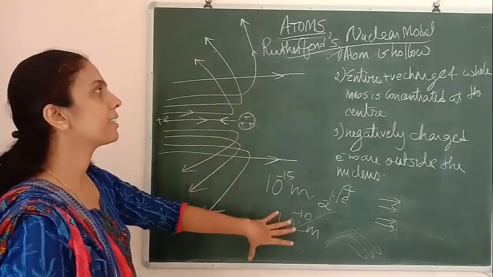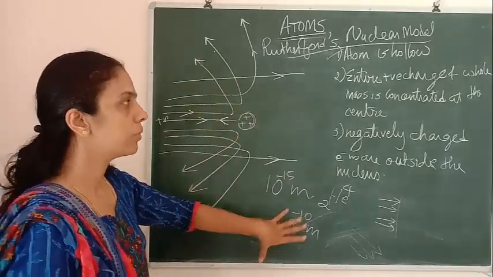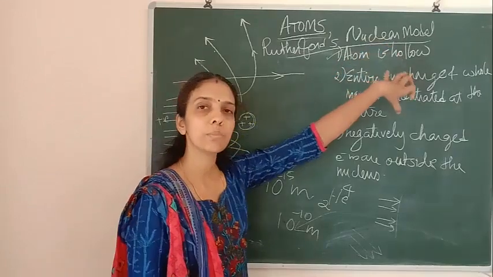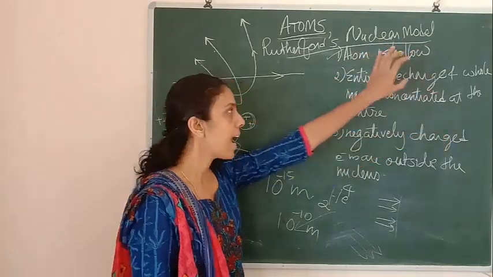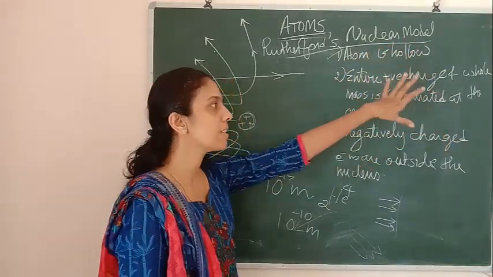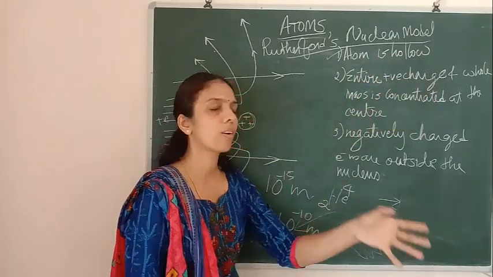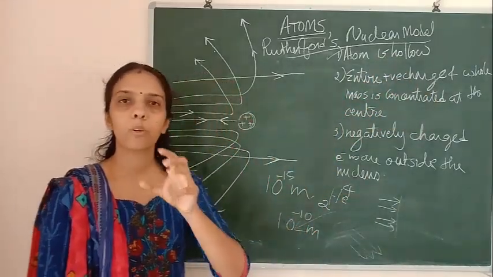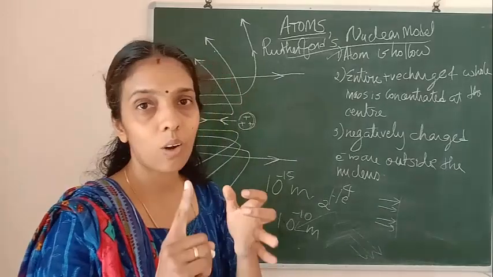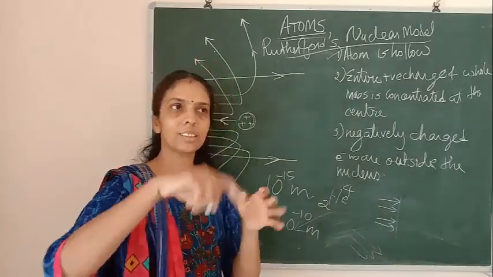So these are the conclusions done by Rutherford. He understood that the atom is almost hollow, and the second one is that the entire positive charge and the whole mass is concentrated at the center. It is called the nucleus, and that is its positive charge.